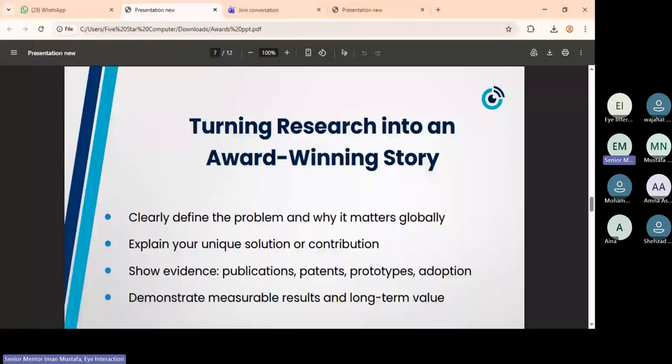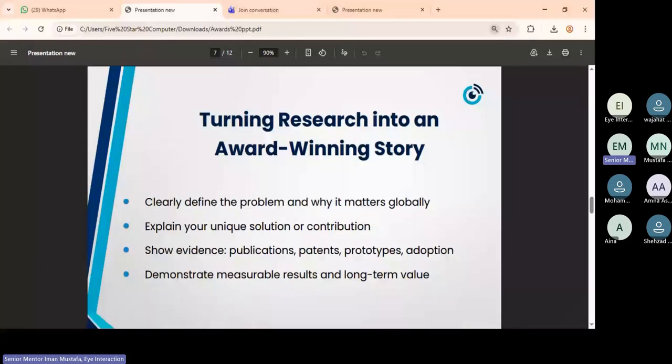It means that if you have explained your problem very carefully, then you must propose some unique solutions or contributions that you are going to make to cope with that problem, right? And why it matters globally. You can also tell the audience why it matters globally.